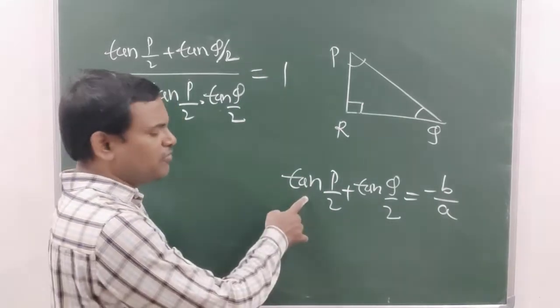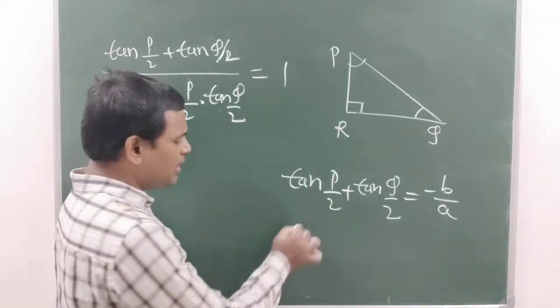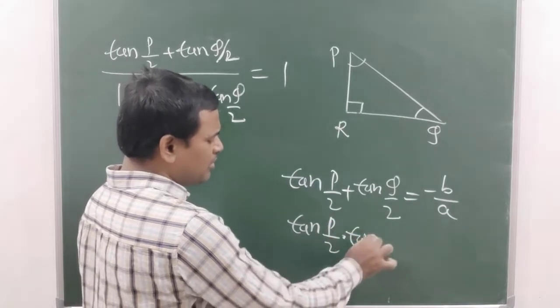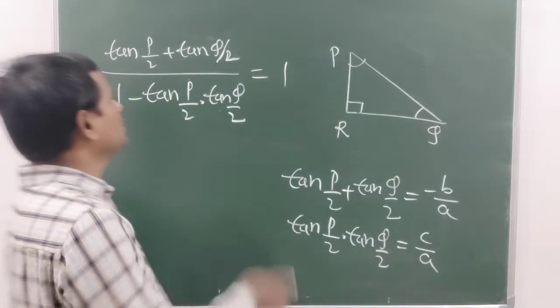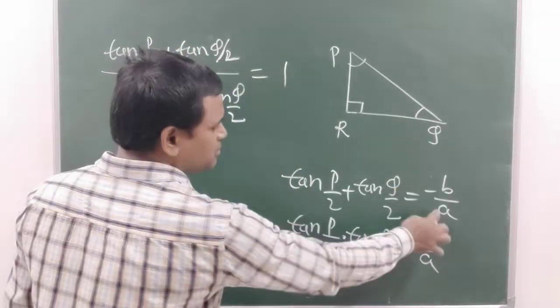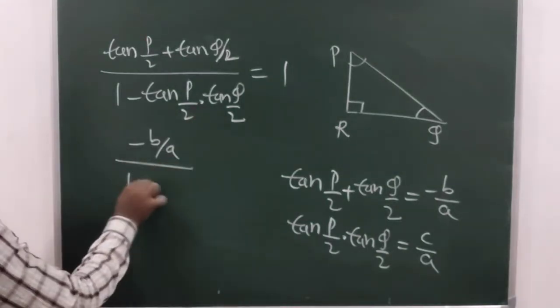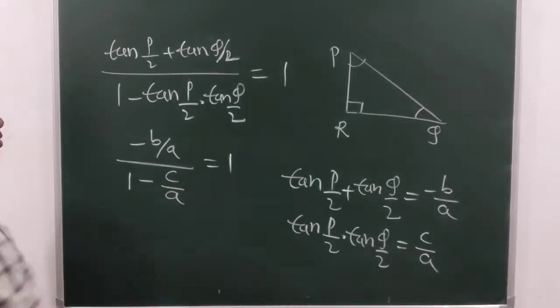Here alpha equal to tan P by 2, beta equal to tan Q by 2, and the product of the roots, tan P by 2 into tan Q by 2, is equal to c by a. So now in this step, in the numerator substitute minus b by a, and come to the denominator: 1 minus, in place of this write c by a, which is equal to 1.